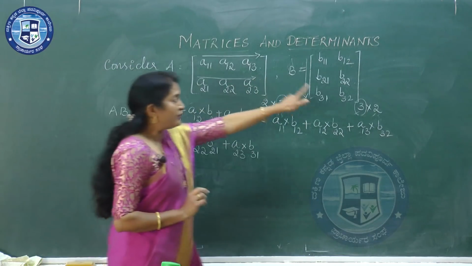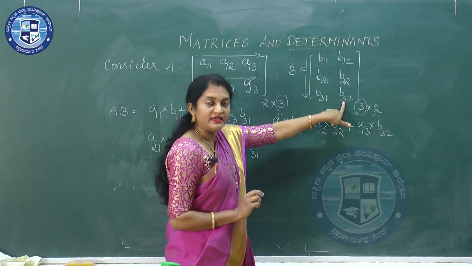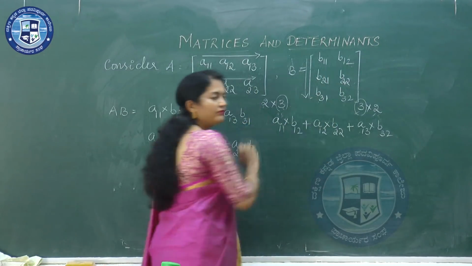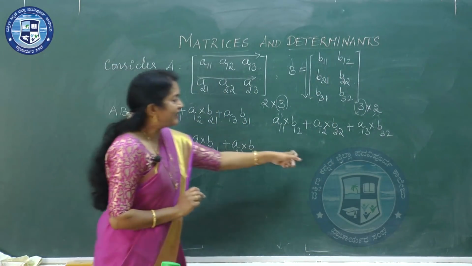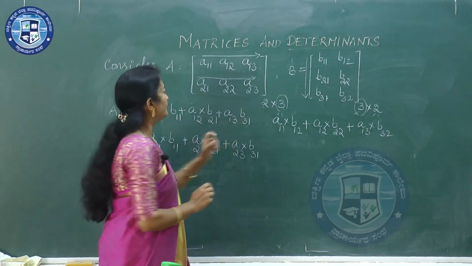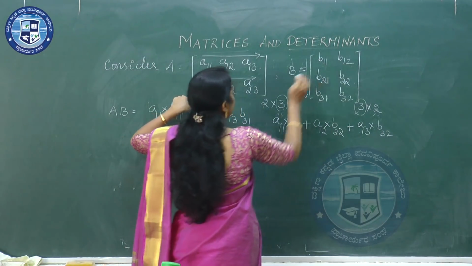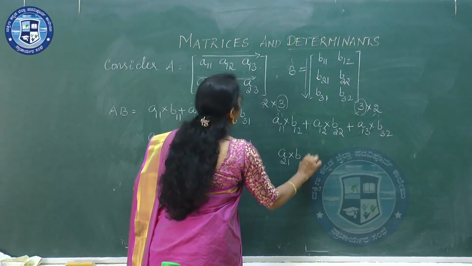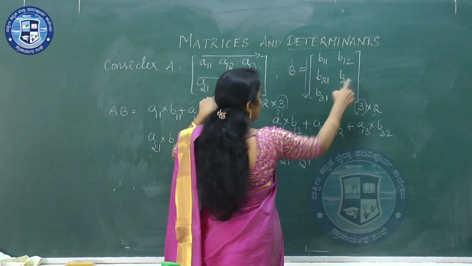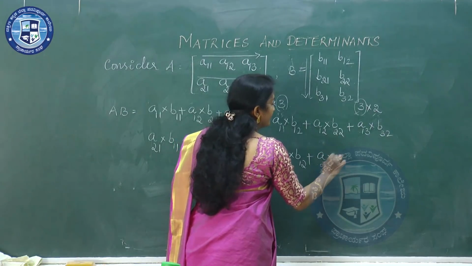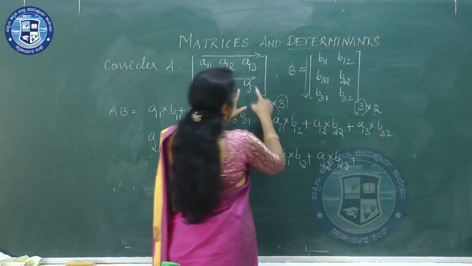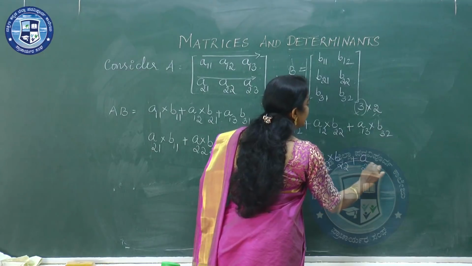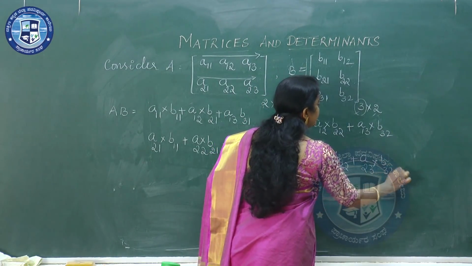Now one more row is there, one more column is there in the second matrix. So second row, second column, when we multiply, we get the second element of the second row, that is A21 into B12 plus A22 into B22 plus A23 into B32.